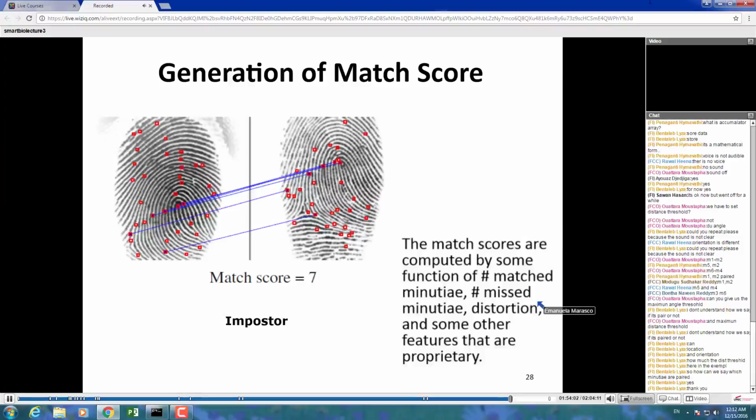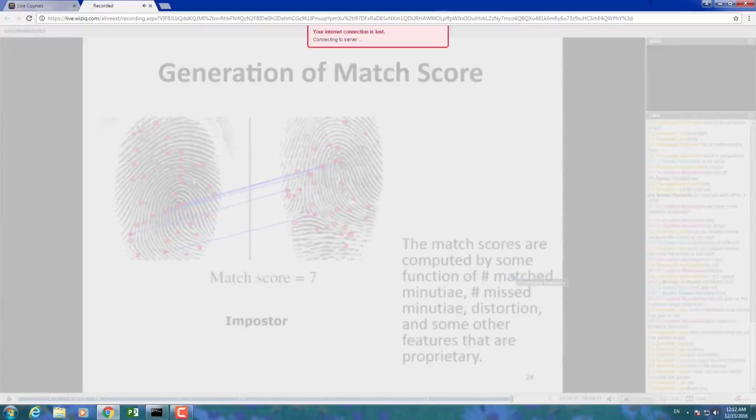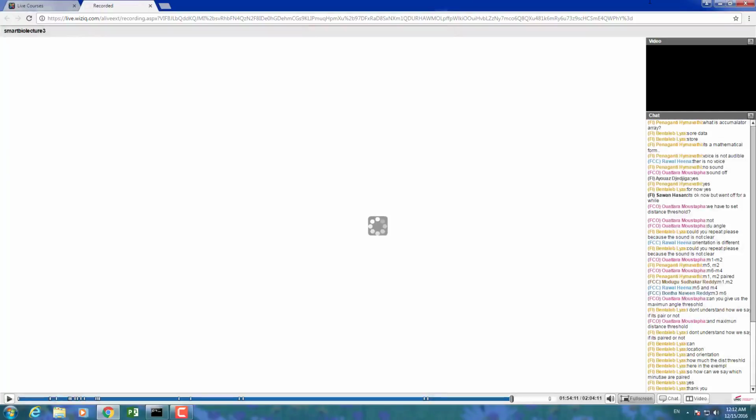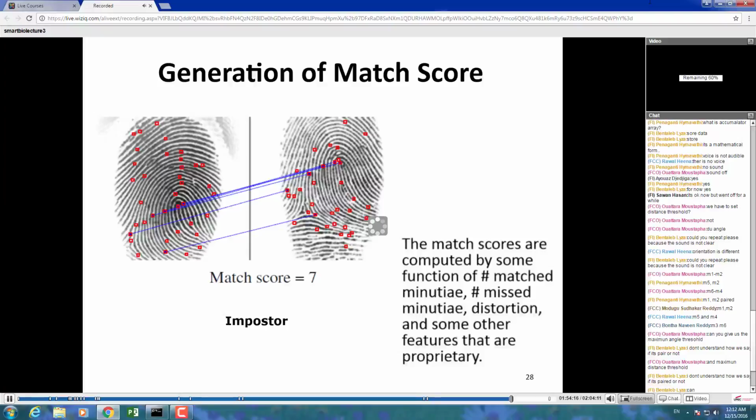So we don't know exactly how, but of course, the match score is weighted based on the number of paired minutiae, missed minutiae that we saw before, distortion, and other features.